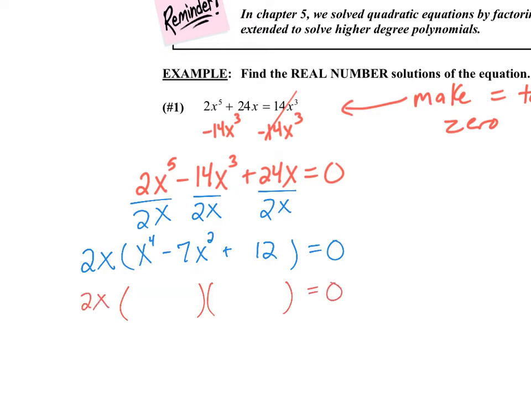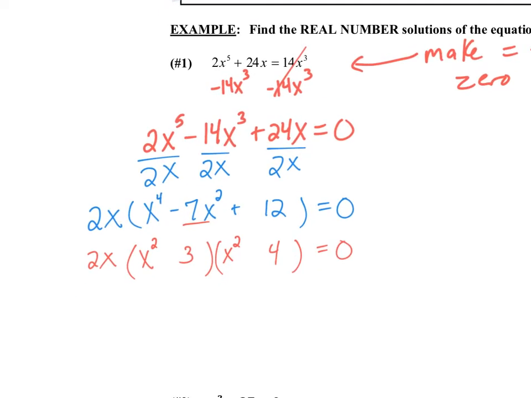What multiplies to x to the fourth? X squared times x squared. And now we want to pick numbers that multiply to 12, but will give us negative 7x squared. So numbers that multiply to 12 are 6 and 2, 3 and 4, 12 and 1. Well, let's try 3 and 4.